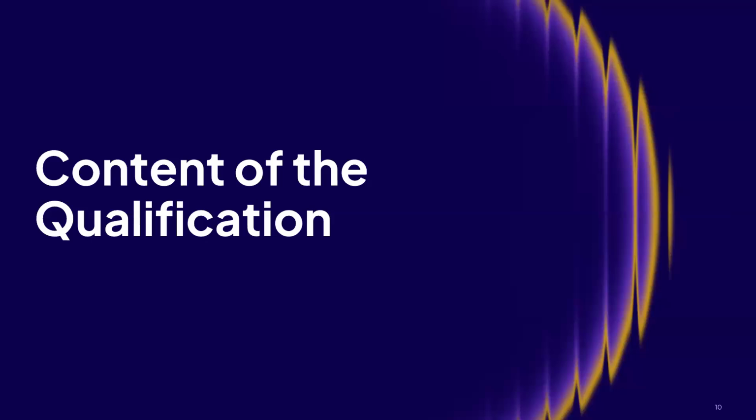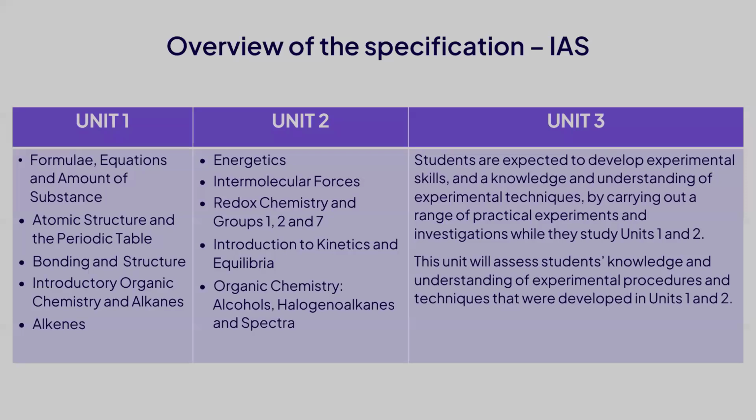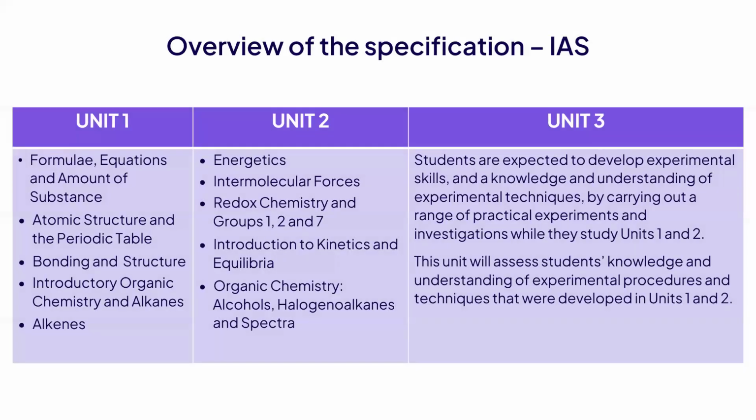So let's have a look at the content of each particular unit. For the 3 units of IAS, you've got units 1, 2, and 3. Units 1 and 2 you could perhaps call theory units, whereas unit 3 is a practical experimental skills unit.